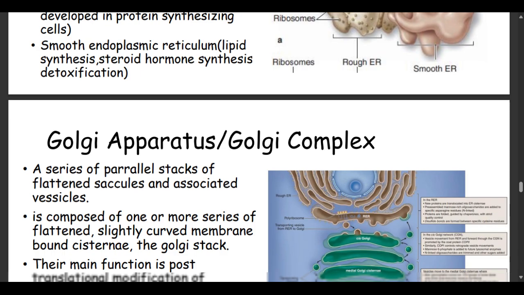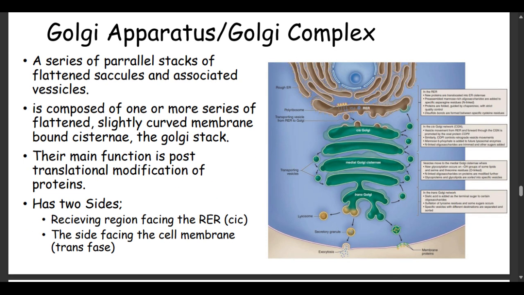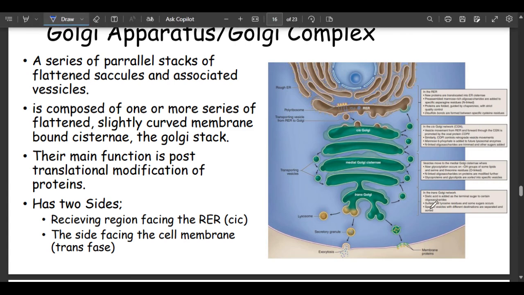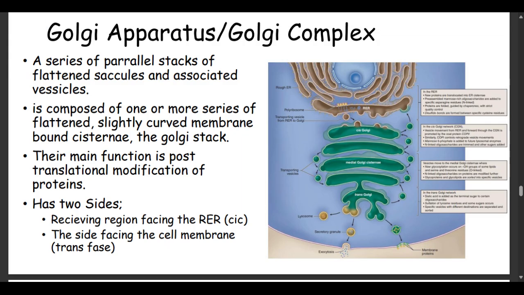All right, so moving on to the Golgi apparatus or the Golgi complex. These ones are a series of parallel stacks of flattened cisternae and associated vesicles. The main function of these Golgi apparatus is that they perform what is known as post-translational processing of proteins.